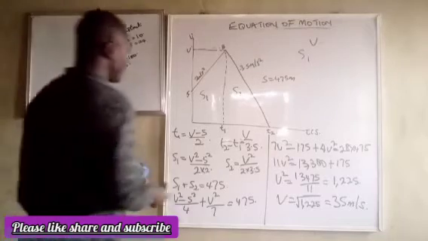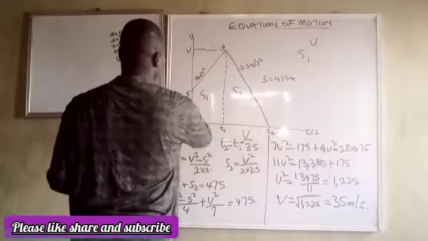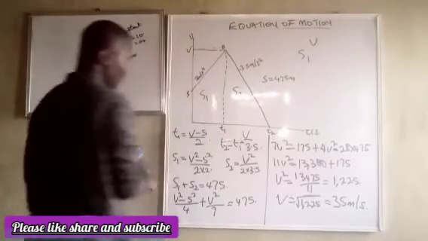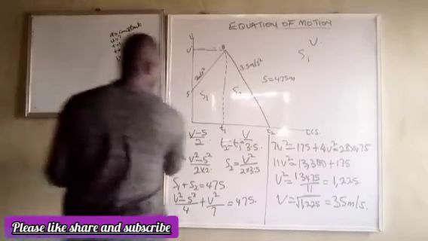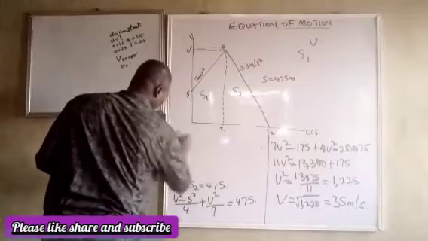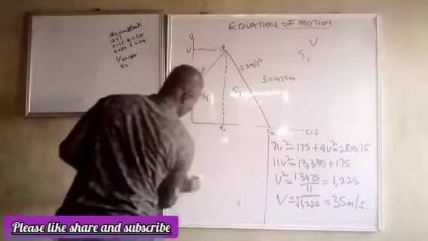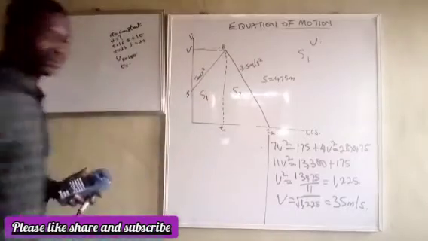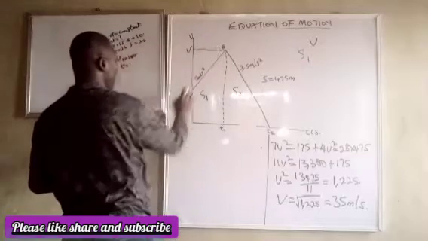We were also asked to find the distance from A to B. So what does that give me? I have V here, I have u here.